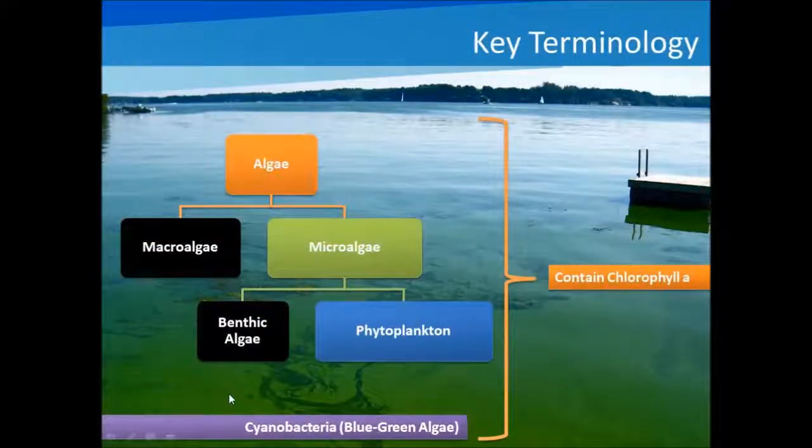You've already heard me use some of these key terms, but I want to take a moment at the top to explain some of the meanings that we're going to use throughout the presentation. So if we start off with algae, it's a very broad term, but it commonly has two different classifications. We have macroalgae, and this is the larger aquatic vegetation and plant matter like seaweed, kelp, and pond scum.